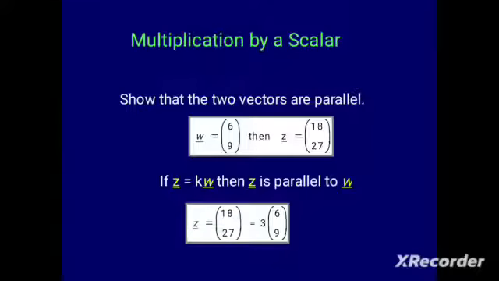So 6k is equal to 18, so the value of k there will be 3. Definitely 3 into 6, 9. So that means vector z is equal to 3 vector w.